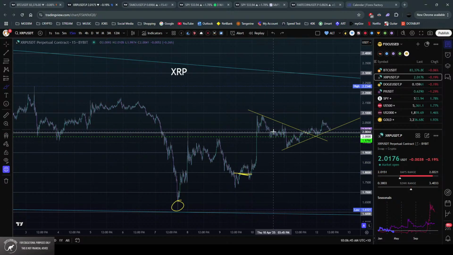I did take profit around here, thinking it was going to lose that top, and it kind of did. It got a lower high, and I was thinking, I don't want to round trip this, so I'm going to secure the trade. It might have even been down here that I took profit, but I was just scared of round tripping all the way back down to where I got in.